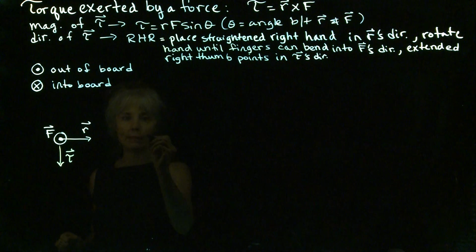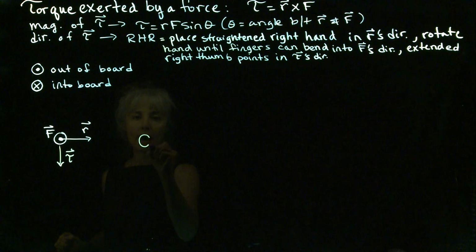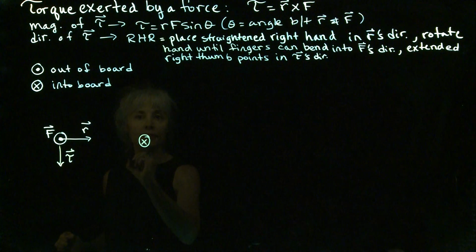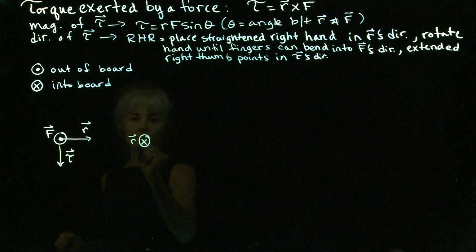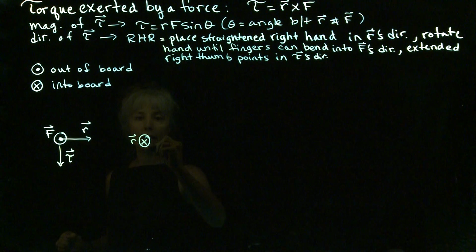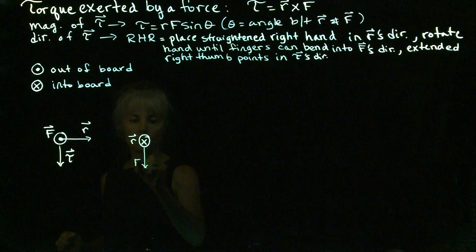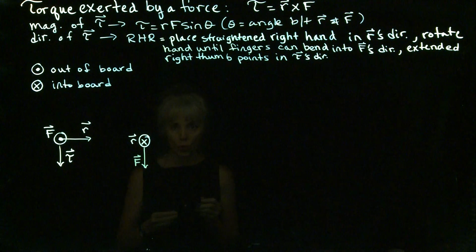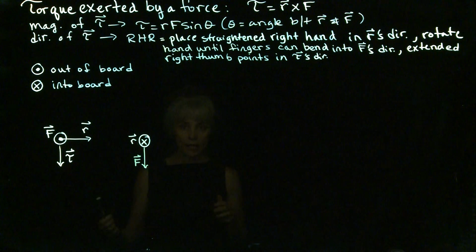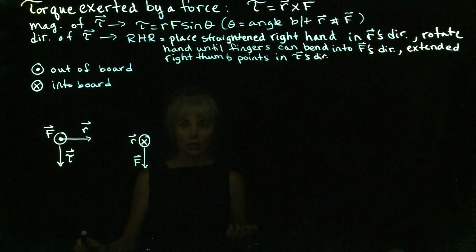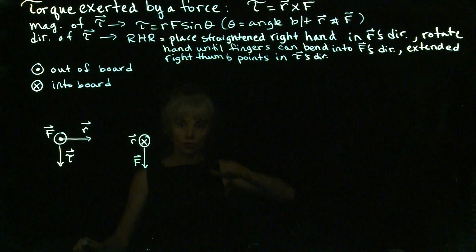Let's try another example. Let's say we have a vector R that is into the board. So there's our vector R, and we have a force that is down. What is the direction of the resultant torque here? Well, again, you want your right hand in the direction of the first vector R, straightened.